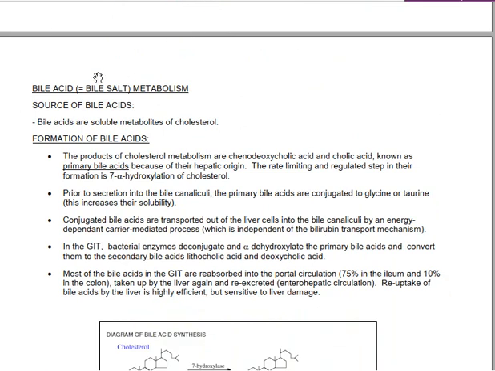Now the next one is bile acid and bile salt metabolism. You need to know that the source of bile acid is a soluble metabolite of cholesterol. Usually they are produced from cholesterol.